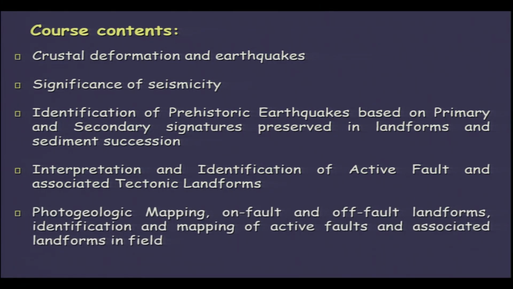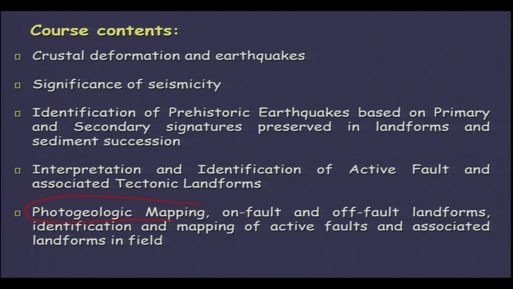Now, as I mentioned, this particular course or topic we are talking about is related to tectonic landforms. So, first we will start with the landforms. To identify landforms, we need to look at the plan view or the aerial views. For that we need a very good handle on photogeological mapping.